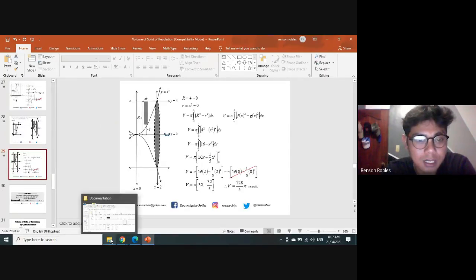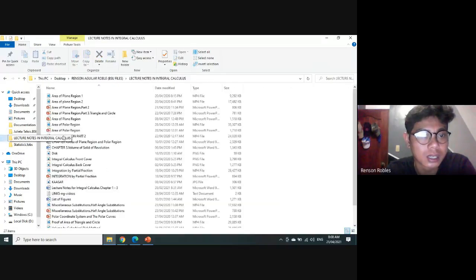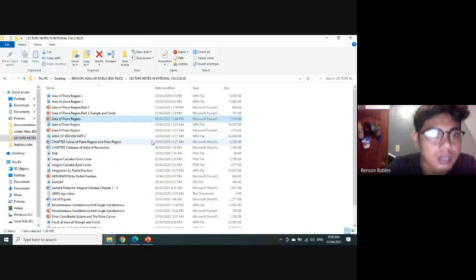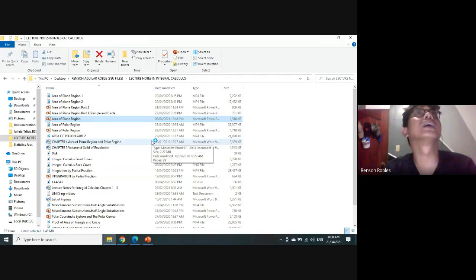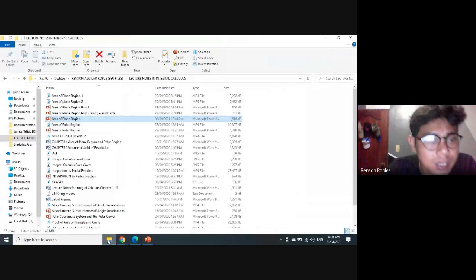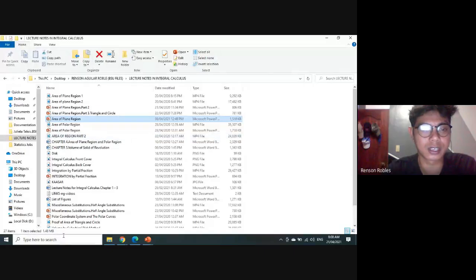What I'm going to do here is I will just take the problem solved in area, the area of a plane region, and the same problem will be given in volume. I will just add an axis of revolution. Like this one.